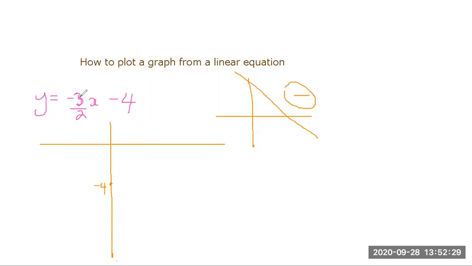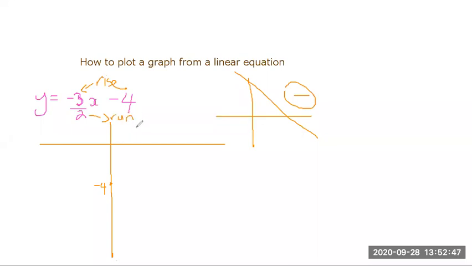Remember it says rise over run, my -3, that's my rise. And in this case, since it's a negative slope, it could be my fall. And this tells me run.